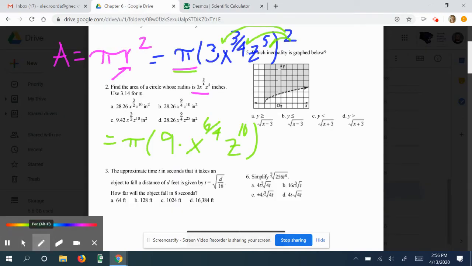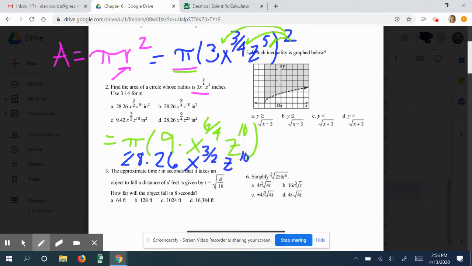So I go back here, and 6/4 actually reduces to 3/2, and z to the 10th is still there. So which one of these is our correct answer? The correct answer is going to be A, 28.26 x to the 3/2 z to the 10th. Again, hopefully you got that one right.